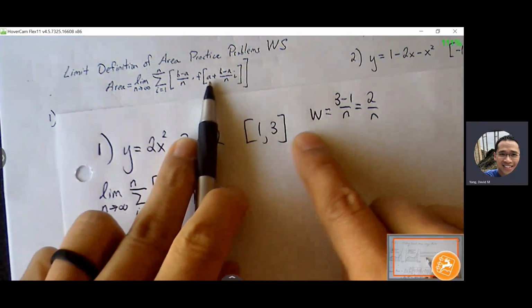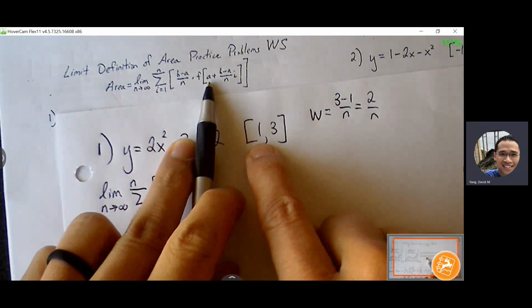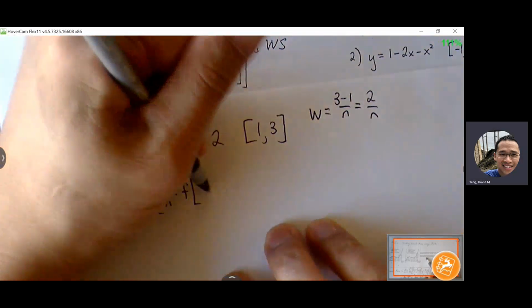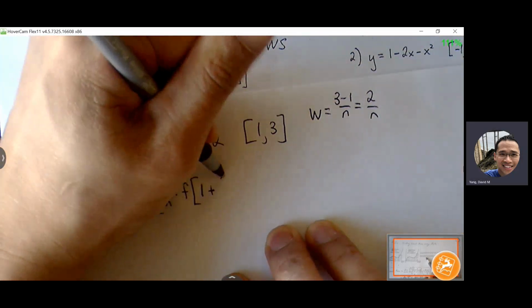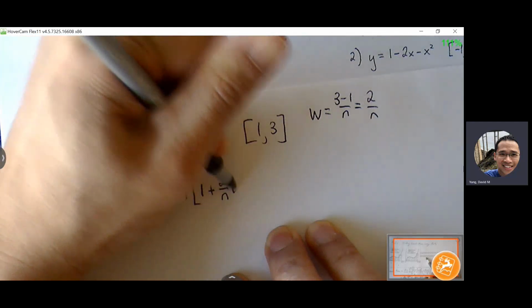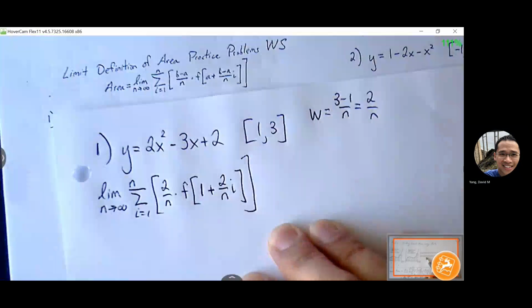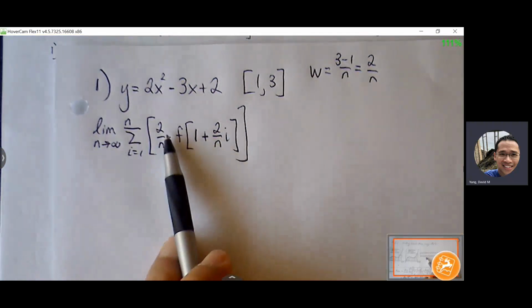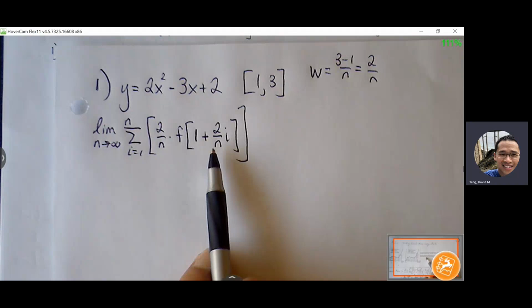Make sure that you include what we can replace with a: 1. Okay, so f of 1 plus 2 over n i. So again, this is doing the job of inserting values into the function, but it's also incrementing to each of the subinterval values that we're going to be using.